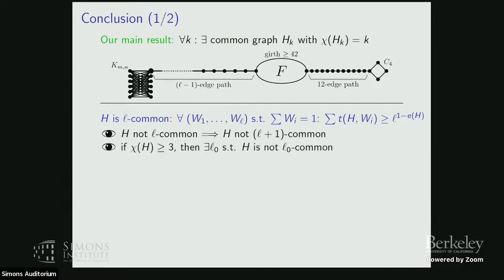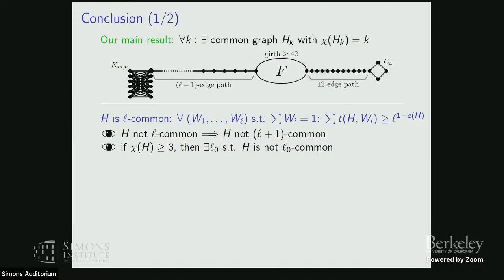A couple more observations on this L-commonness. Once your graph H is not L-common, there is a simple extension argument that says that it's also not L plus 1 common.